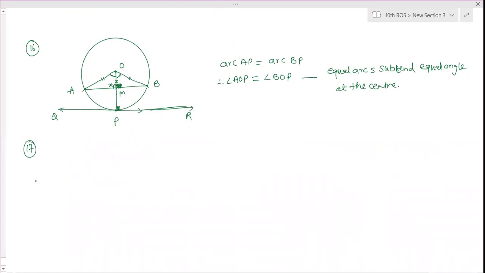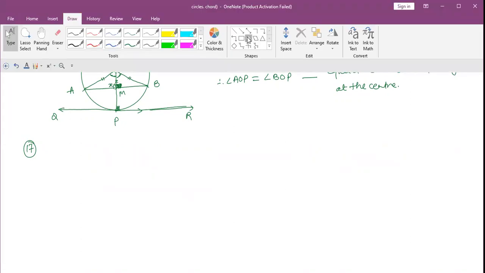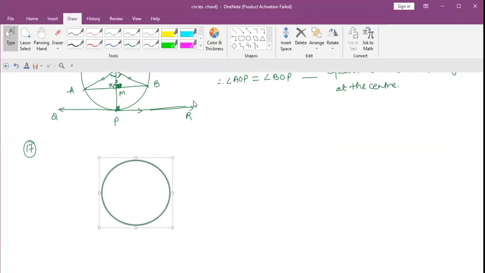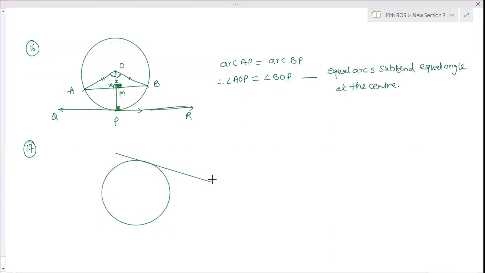From a point P, two tangents PA and PB are drawn to the circle with center O. If OP is the diameter of the circle, then OP is equal to the diameter, that means the length of OP is 2r.